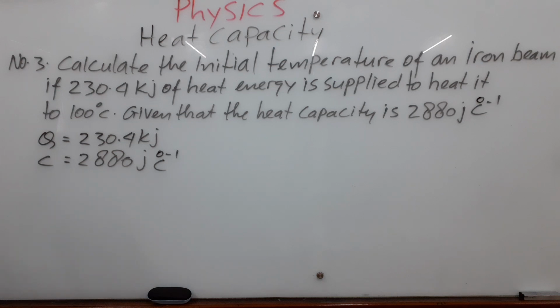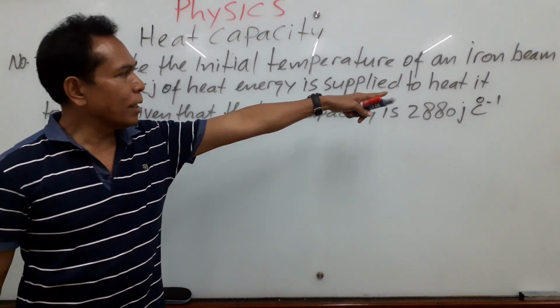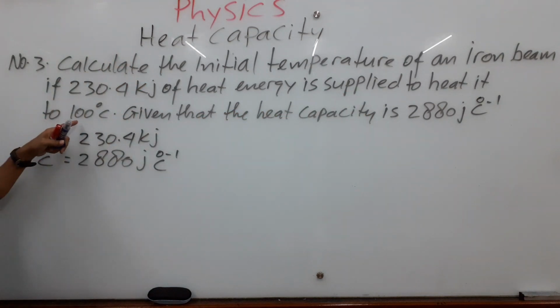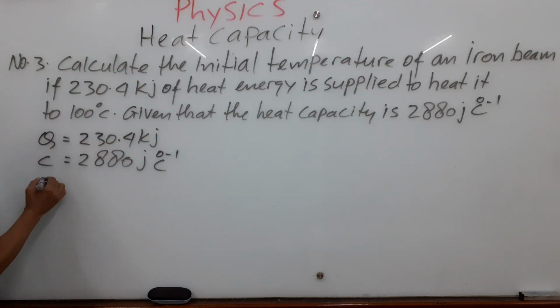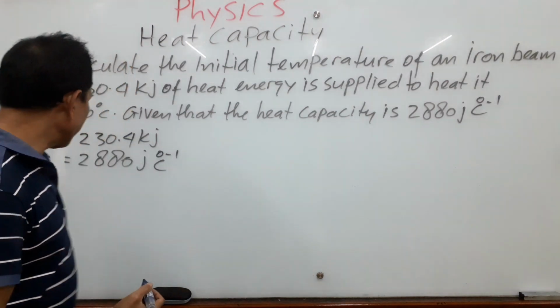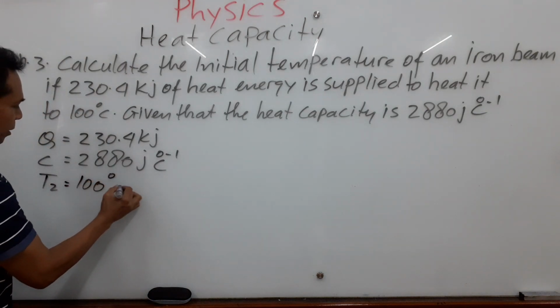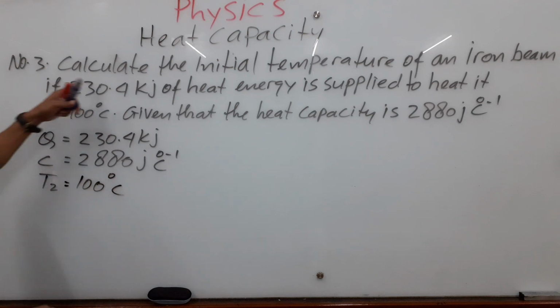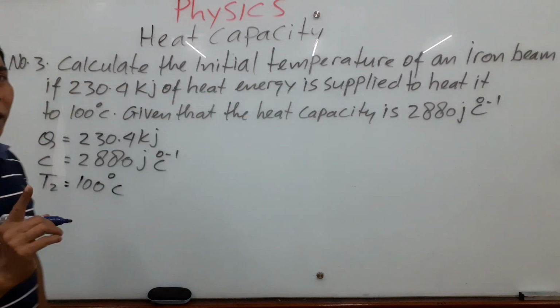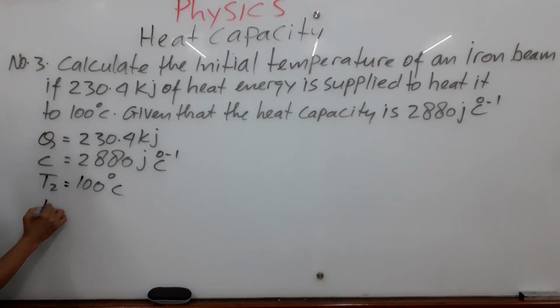And what else do we have? Heat it to 100 degrees Celsius. So this is T2, the final temperature, which is 100 degrees Celsius. Now, calculate the initial temperature, so that is T1.